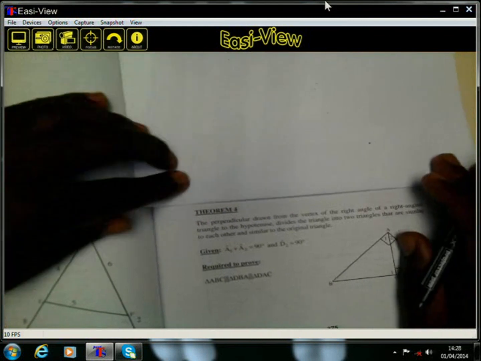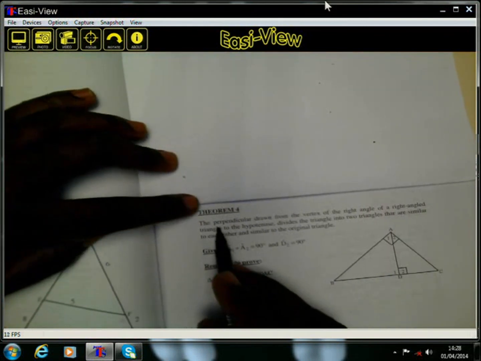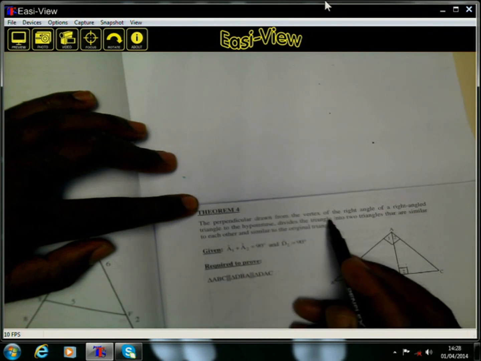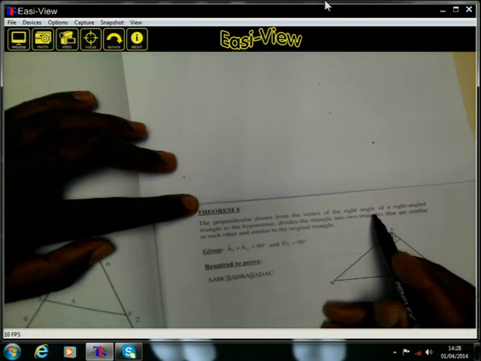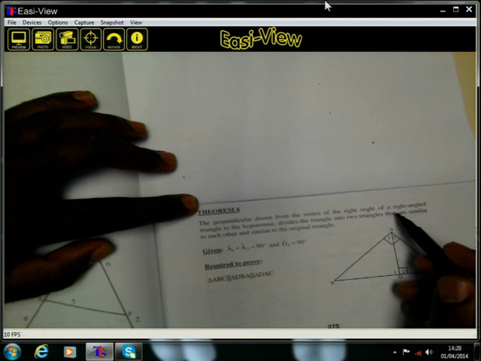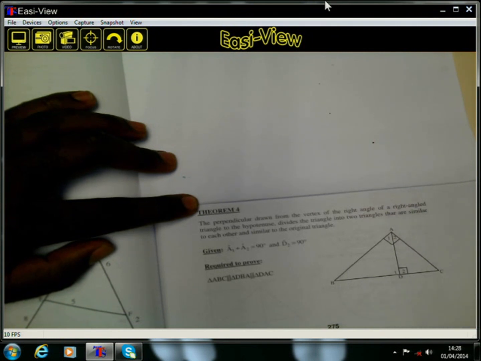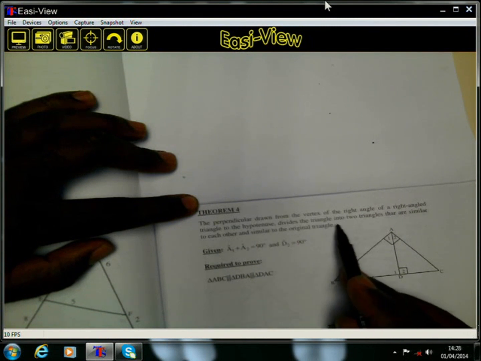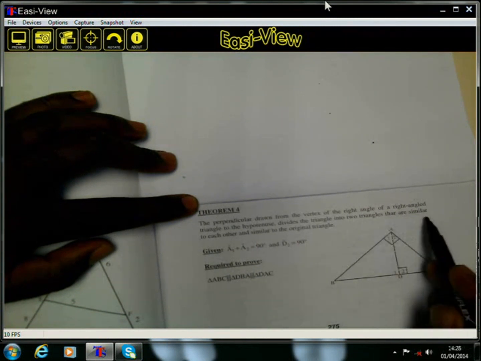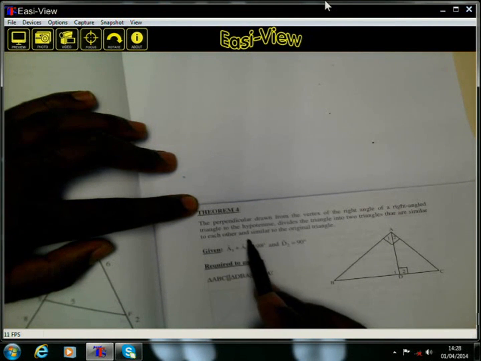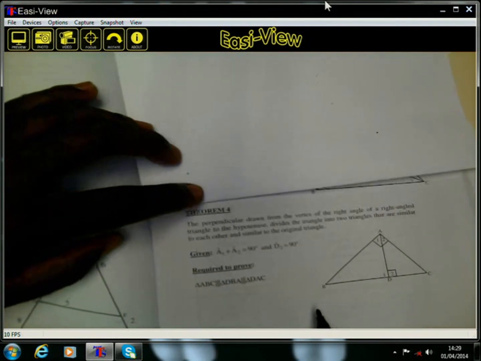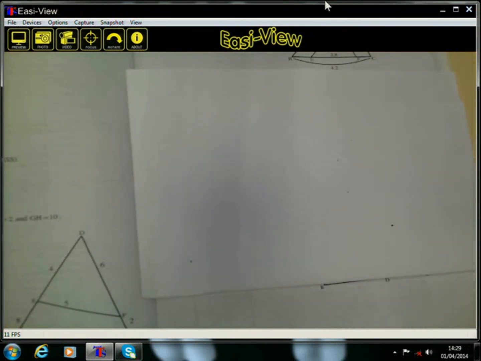It says the perpendicular line drawn from the vertex of the right angle of a right-angled triangle to the hypotenuse divides the triangle into 2 triangles that are similar to each other and are similar to the triangle. In essence, what we are given here is this.